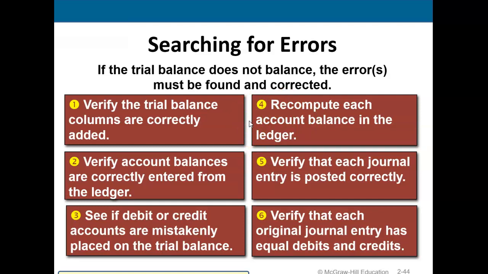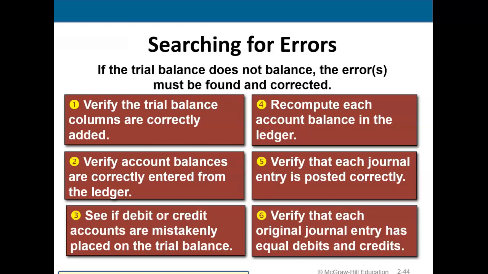The first thing is to go back into the ledger accounts and make sure your math is correct. Make sure the ending balance that you took is actually calculated correctly. And then make sure that you moved them over into the proper debit or credit column on the general ledger.